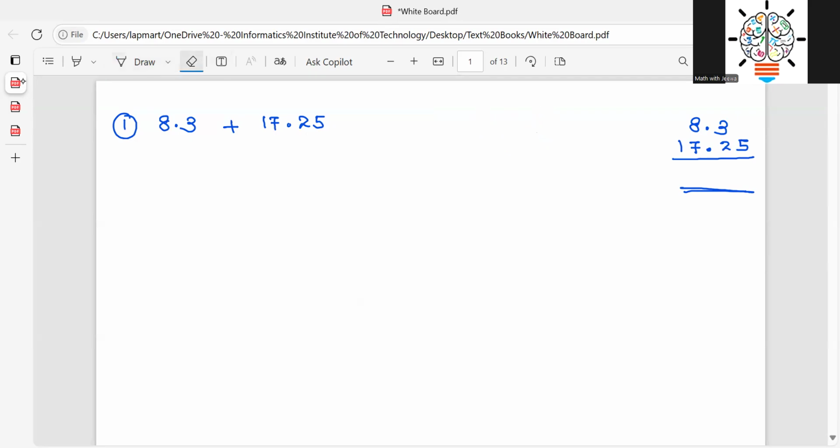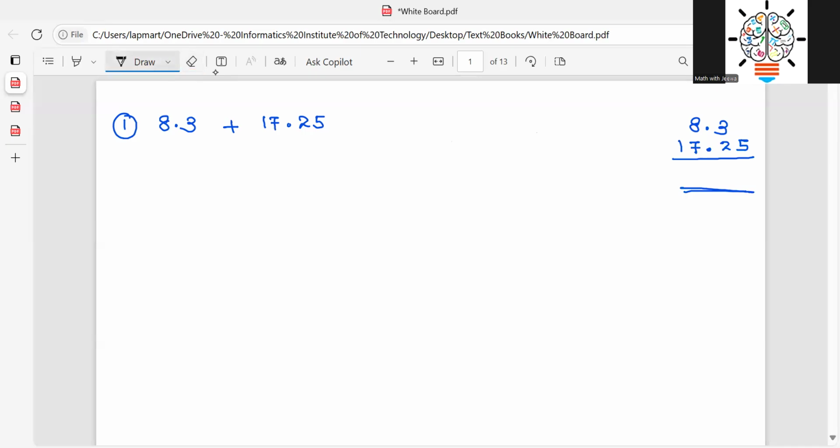Or else, let's say you have written something like this, 8.3 and 17 point, that is the only mistake you can make. Now, when you feel that a place is blank, if needed you can fill it with 0. If not, you just ignore it and do the addition.